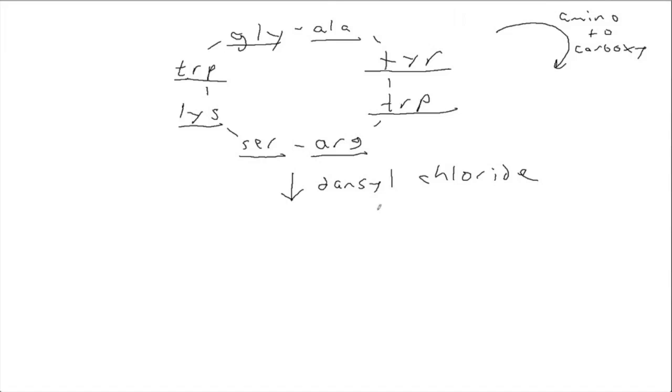It wouldn't get affected? Excellent. How do you know? What's your logic? Because there's no start to a circle. What does Dansyl chloride attach to? The N-terminus? But there is no N-terminus. So yeah, a circle has no N-terminus, so Dansyl chloride here would give us no reaction.